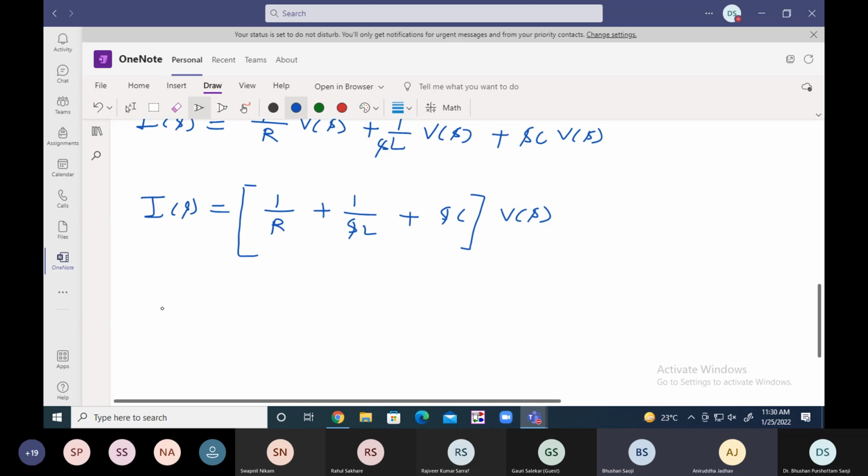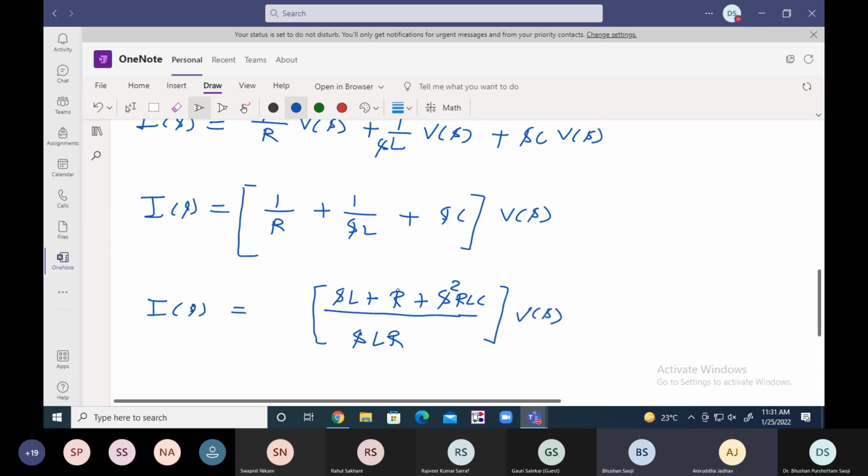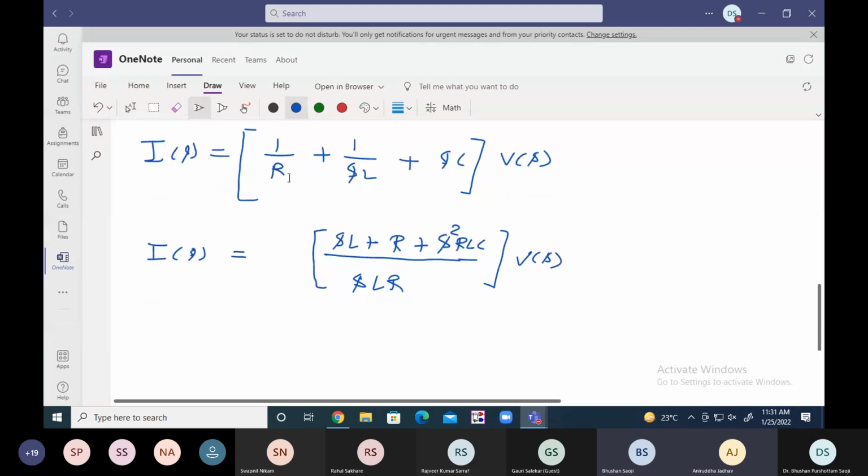Or we can write I of s equals, we will take s L R common, so here is s into L plus R plus s square R L C, multiplied by V of s. We take the LCM of these, R and sL, so s into L into R.